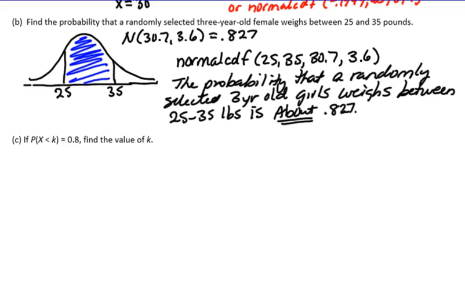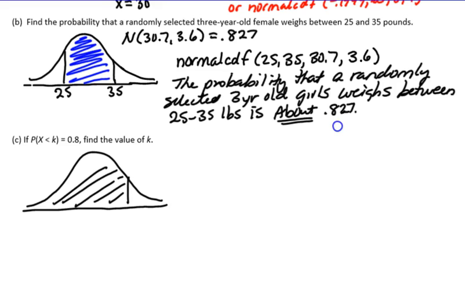Okay, the third example asks us to go backwards. It says, what's the probability that the random variable being less than some value k is 80%? So when I draw this, I'm just going to shade in 80%, or my reasonable approximation of 80%. So maybe this is 80%.